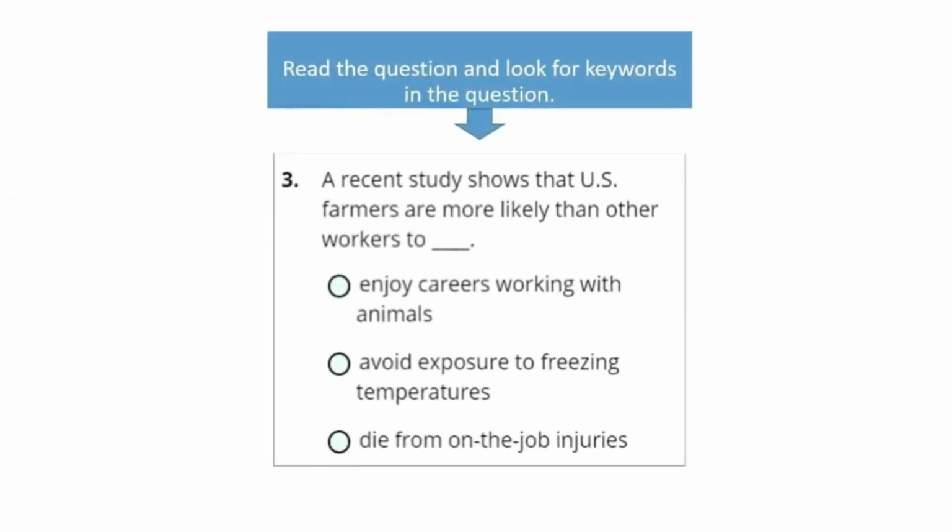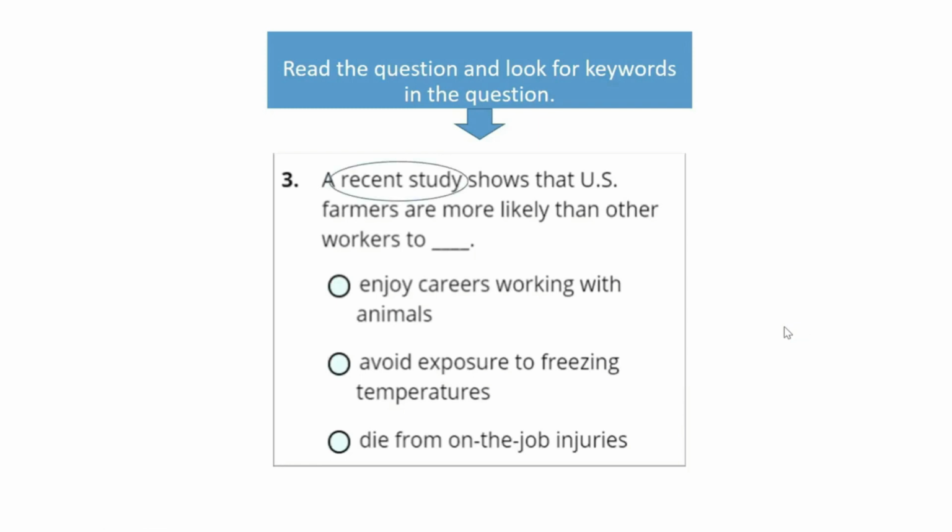So after we have read the first line and second line of each paragraph, we read the question and look for keywords in the question. As mentioned before, we will deal with question 3, where it says: a recent study shows that US farmers are more likely than other workers to... So we have a space and we have to choose from these three choices to fill in that space. Keywords. We're looking for a study.